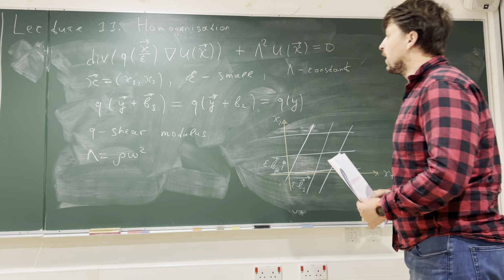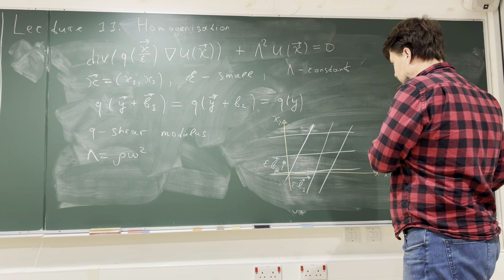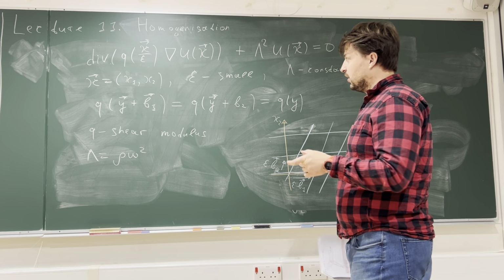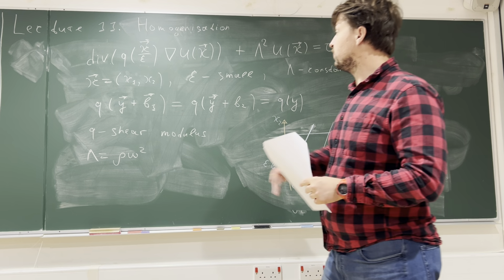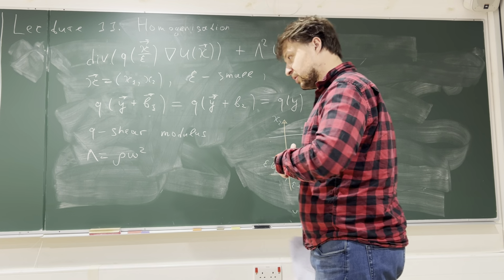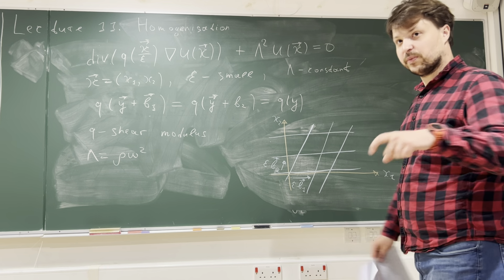So this is like a periodic material, a very periodic one, but the periodicity is very small, so it's periodic in epsilon. So its properties change periodically on a very small scale.